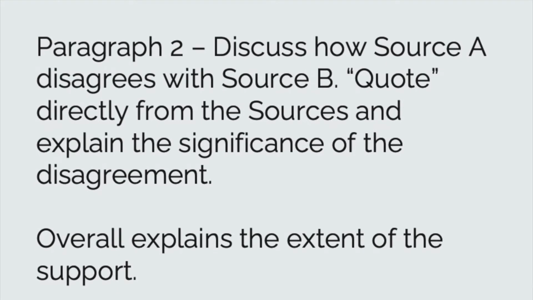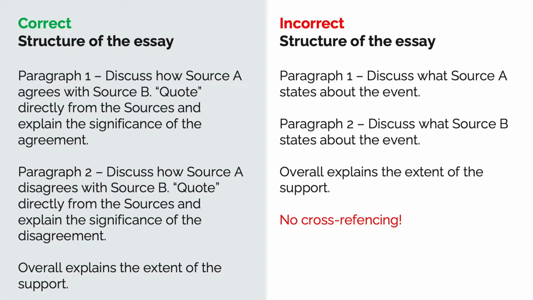I just want to reiterate that. I know I've said it several times at this point, but that is the thing that I often see students doing, is that they just want to talk about one source and they forget the fact that the whole idea behind this question is that cross-referencing.